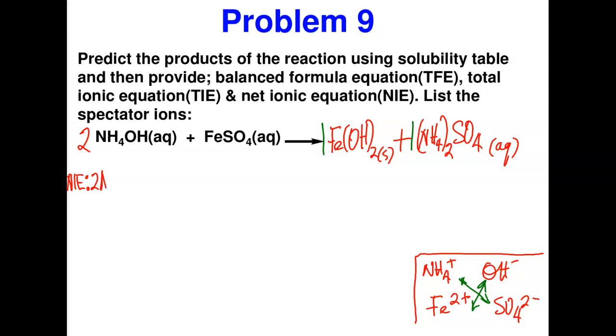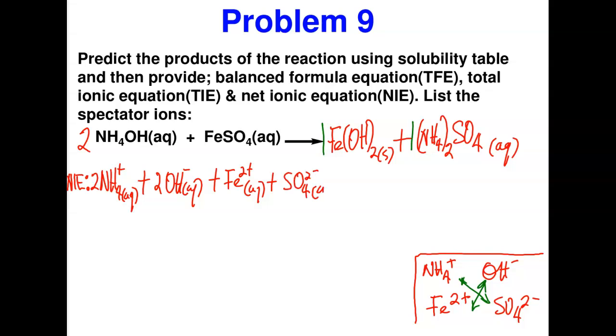So it's going to be 2 ammonium ions aqueous, plus hydroxide ion is also 2, so 2OH minus aqueous, plus Fe 2 plus aqueous, plus sulfate SO4 2 minus aqueous.